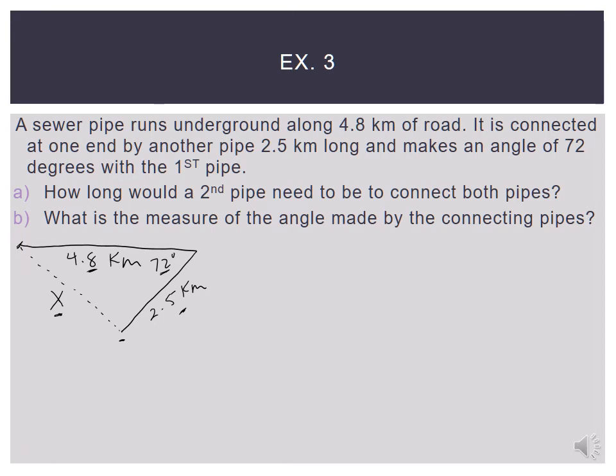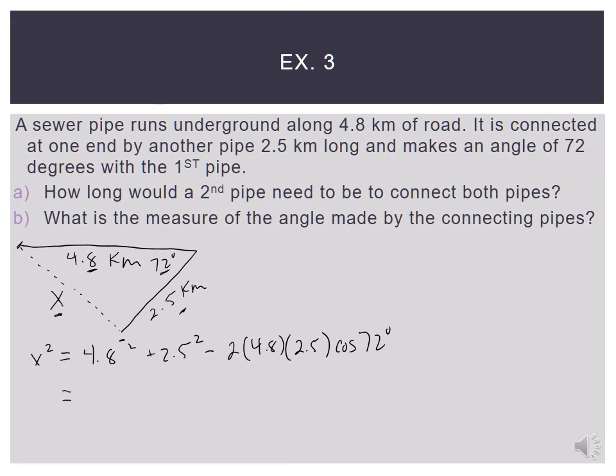So if that's the case, you're going to use cosine law, which for side length would be x squared equals, since that's what we're looking for, the other two sides squared, so 4.8 squared plus 2.5 squared, minus 2 times 4.8 times 2.5 times cos 72.